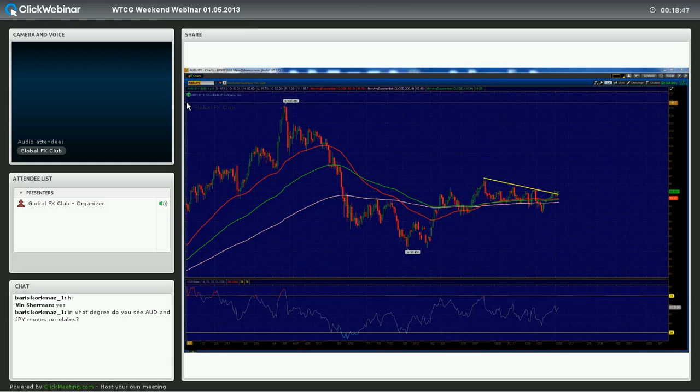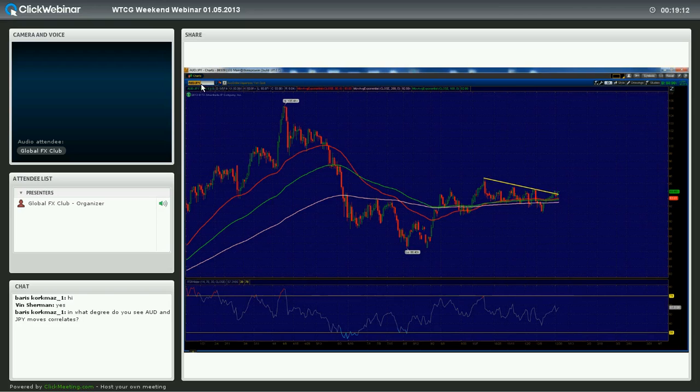I don't think there is a fundamental reason why the two would be highly correlated right now, any more so than they usually are. But if we do see a traditional risk-on period, we could see Aussie yen finally start to pick it up as the Aussie rallies and the yen continues to weaken.